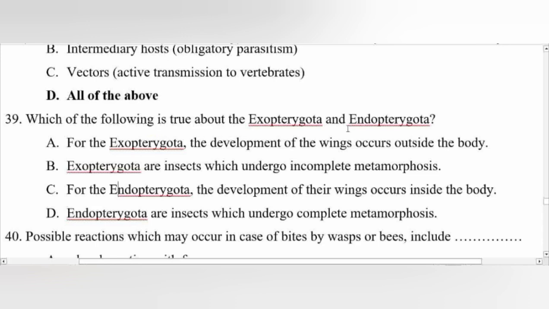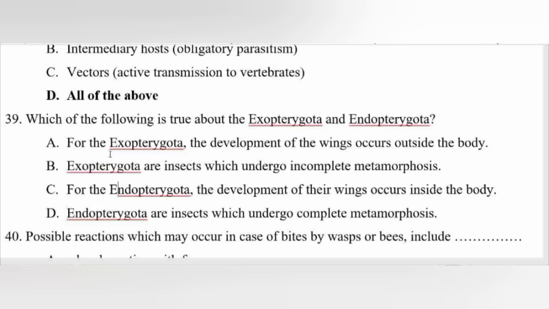We are dealing with insects with wings, the pterygotes. So the first option says that for the exopterygota, the development of the wings occurs outside the body. I think I've talked about this one already, and it's true that for the exopterygota, the development of the wings occurs outside the body.